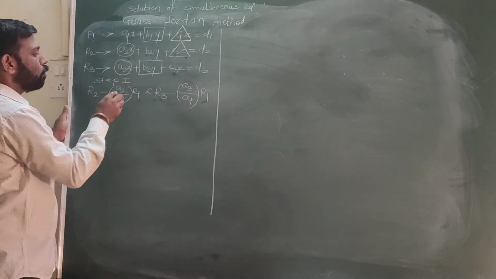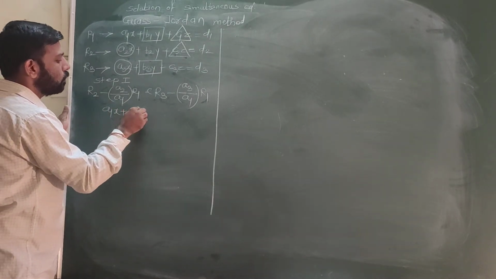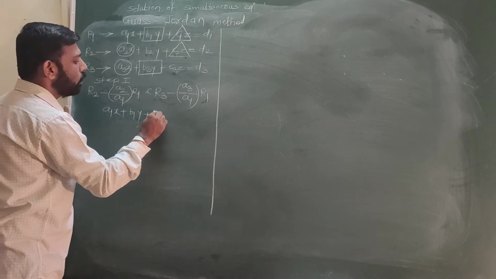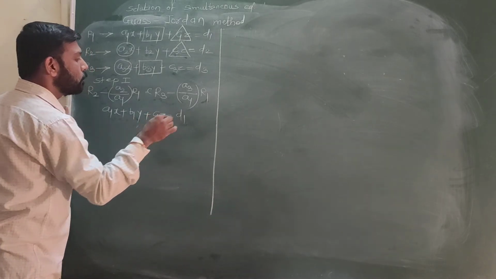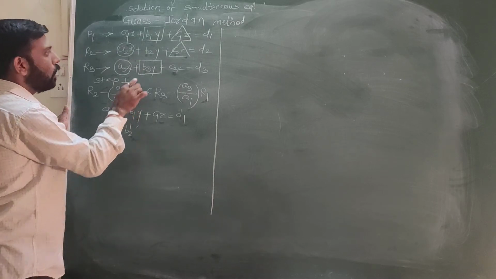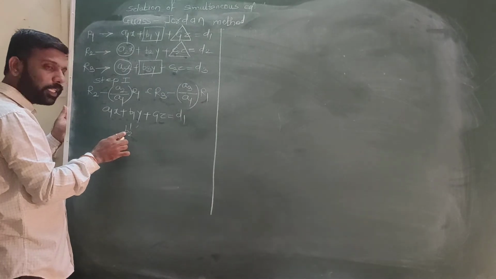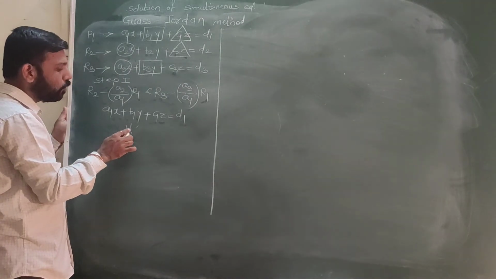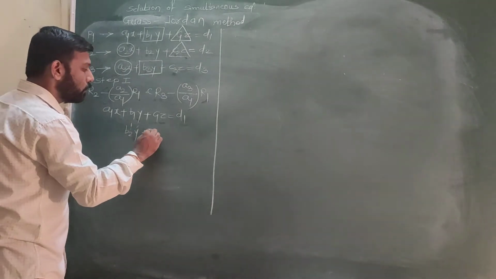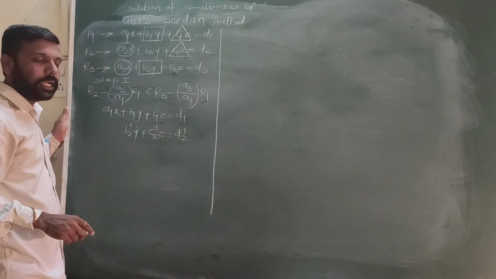We'll get a new system of equations, and there is no change in the first equation. This element is 0, b2 dash. Actually this b2 y gets changed to a new number, but we'll represent it by dash only: b2 dash of y, c2 dash of z, d2 dash.